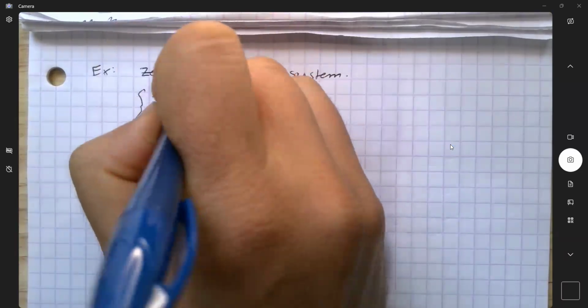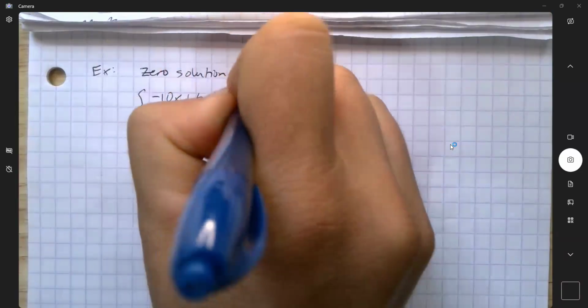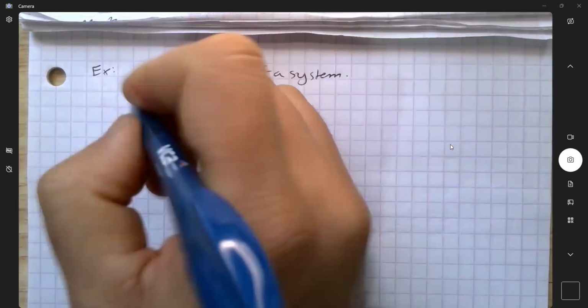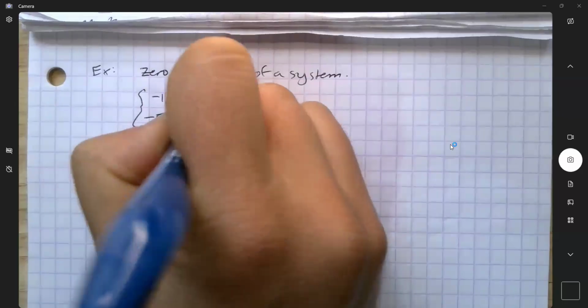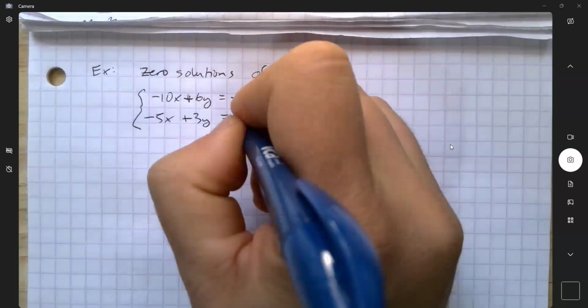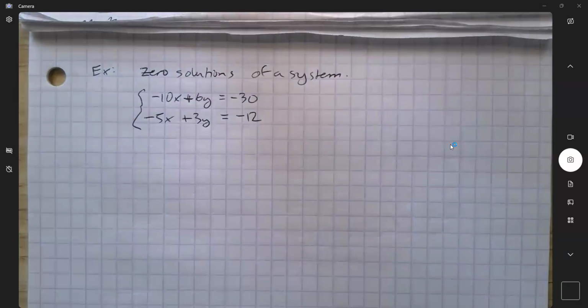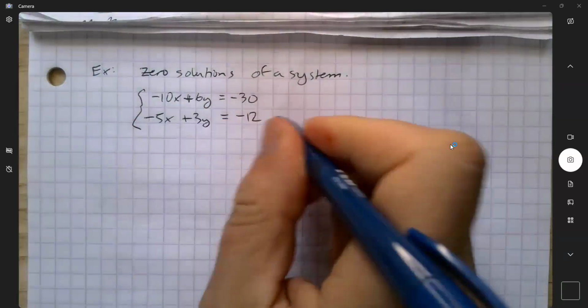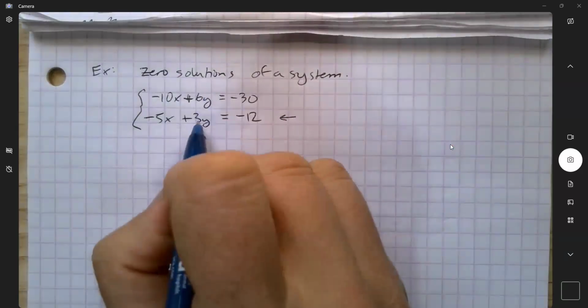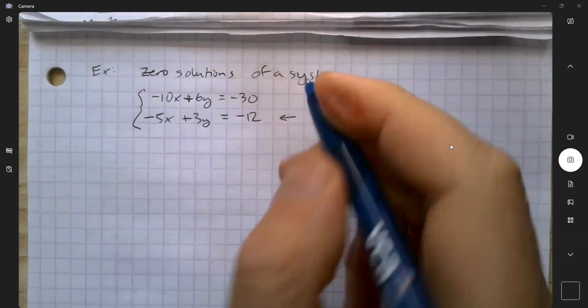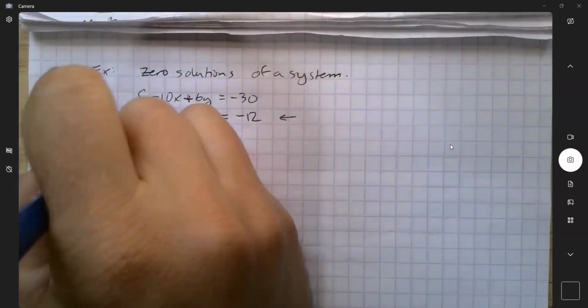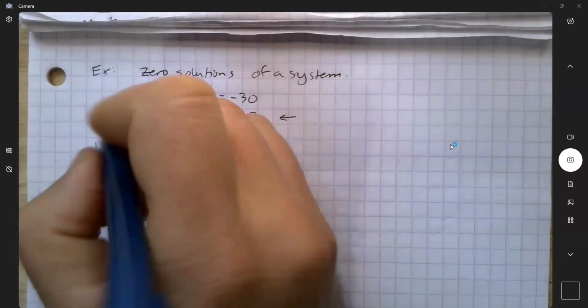I use the example minus 10x plus 6y equals negative 30, and minus 5x plus 3y equals negative 12. So I have to pick an equation, and to me this looks a little bit easier because the 3y, I mean, none of them are going to be super nice, but this one is maybe a little bit easier.